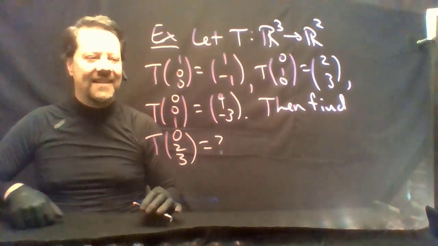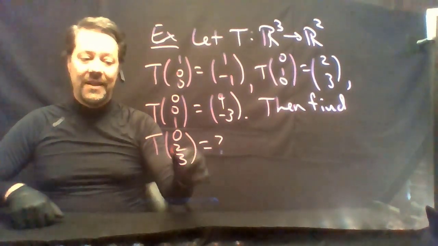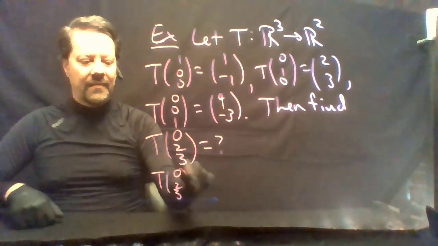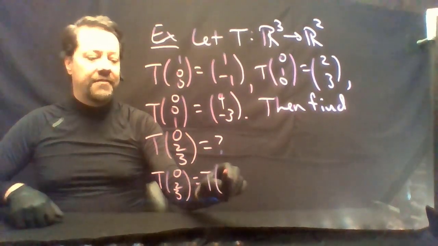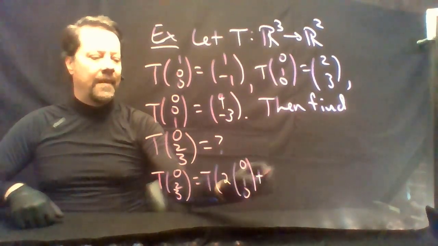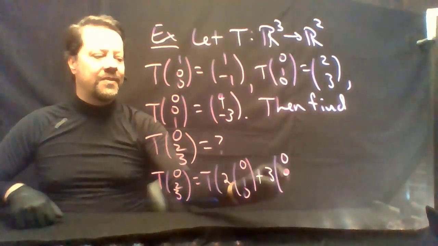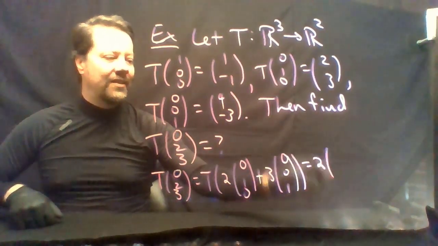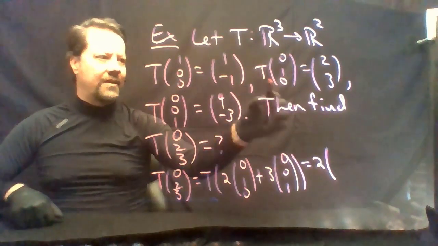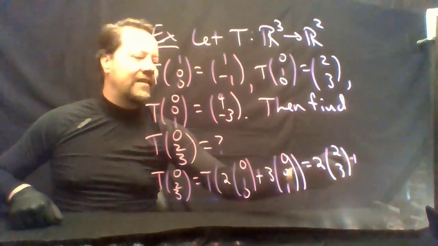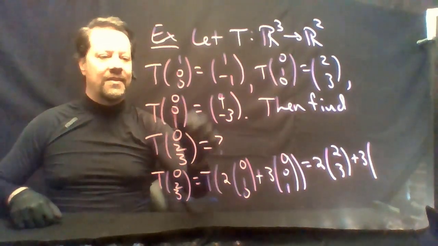How do we do that? Well, what is T of 0, 2, 3? It's T of 2 times 0, 1, 0 and 3 times 0, 0, 1. That means we'll take 2 times the value on 0, 1, 0 and 3 times the value on 0, 0, 1.